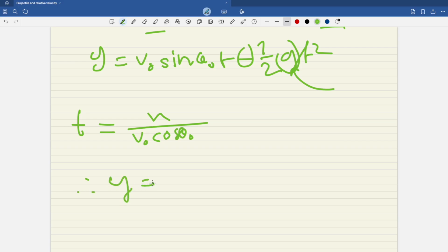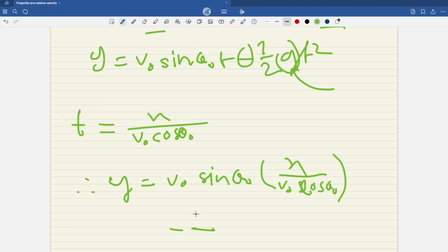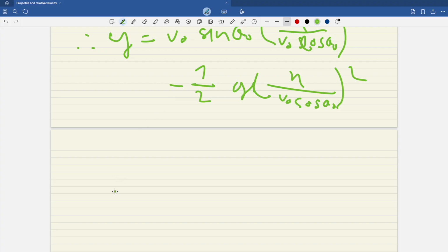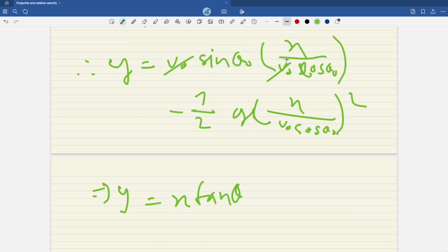Then if I put it in y, it will be x tan theta, since the v naught cancels, minus half g x square over v naught square cosine square theta naught.